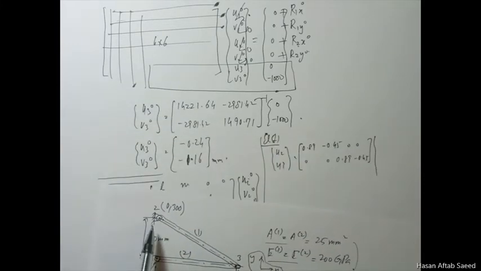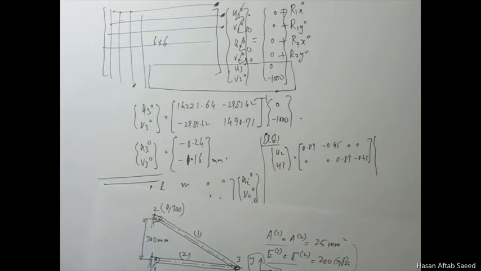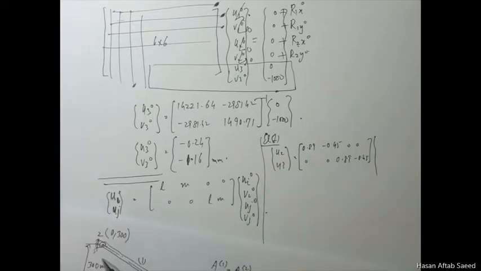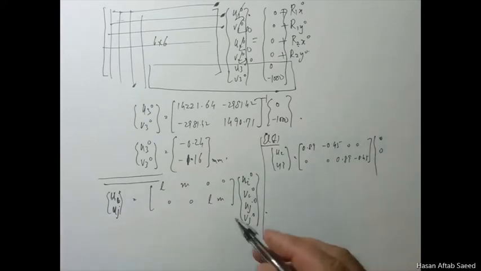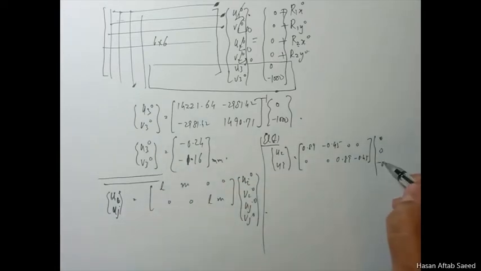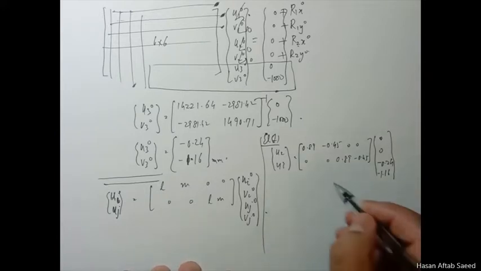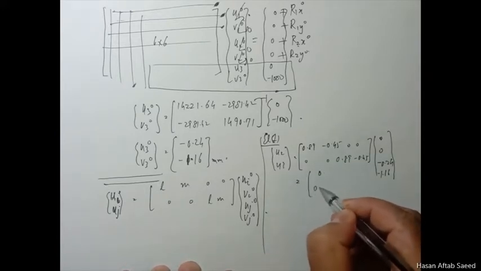For global we have the vi's also, so u2 v2 u3 v3. Now u2 v2 are 0. We only have to deal with u3 and v3, as given here, -1.16. If you solve this, it turns out to be 0 and 0.3.